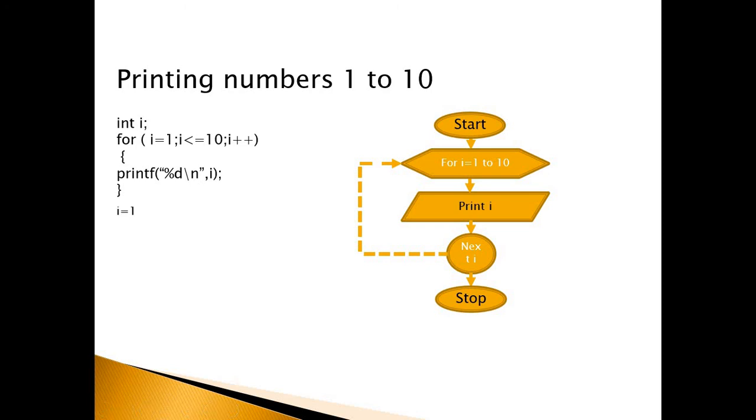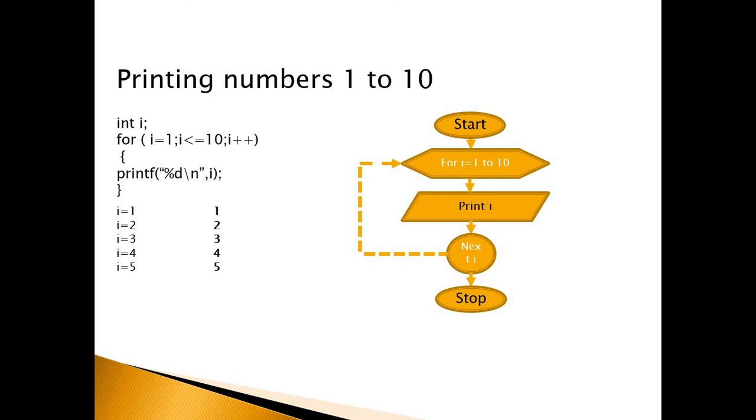How does it execute? i is initialized to 1. 1 is less than 10, so it prints 1. Next, i plus plus means i becomes 2. It checks the condition, is 2 less than 10? Yes, 2 is printed. i is incremented, it becomes 3. 3 is less than 10. Again it repeats the printing statement, that is it prints 3. Then i becomes 4.